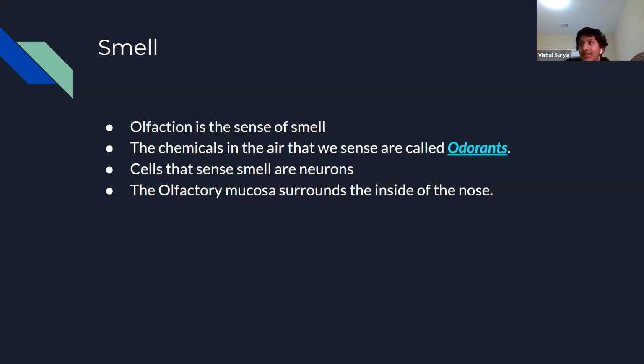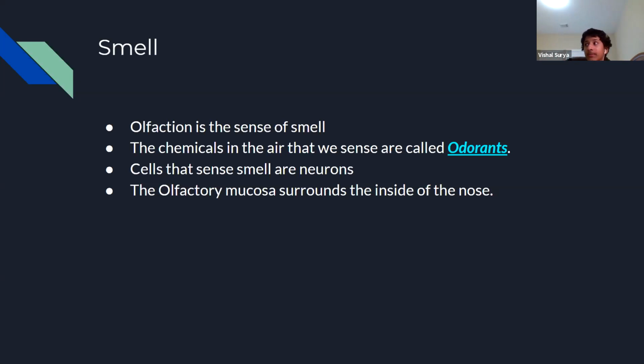So olfaction, the sense of smell: the chemicals in the air that we sense are called odorants. And you might know the word odor. If something smells bad, it has a bad odor. So those chemicals are called odorants. The cells that sense the smells are neurons, or types of neurons.